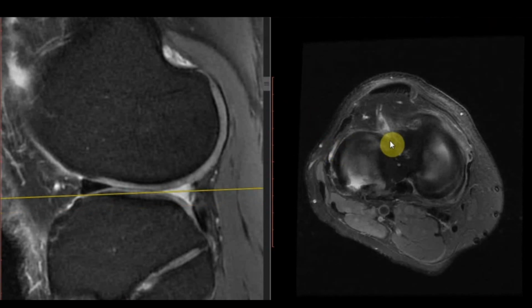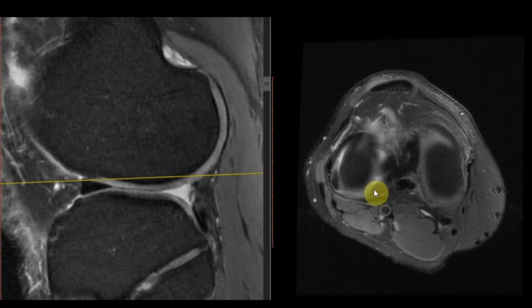So here we can see this is the lateral meniscus, this is the anterior root, anterior horn and body, which are normal. And there is a wide radial tear involving the posterior horn of the lateral meniscus, and the meniscal tissue medial to this tear is quite normal. So the root attachment is intact.